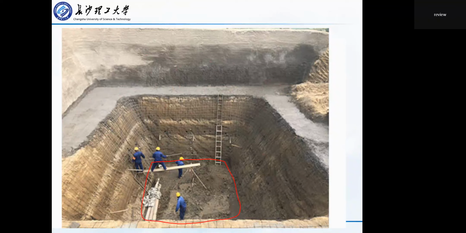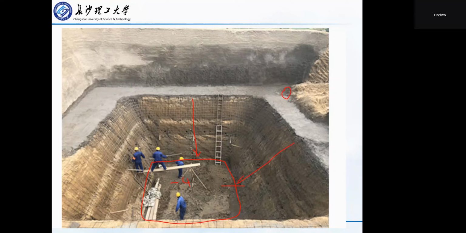And also we know the slope of this surface, of this plane. And we know the elevation. For example, it is -4. We know the elevation of this plane, and we know the elevation of this one, for example, 0.